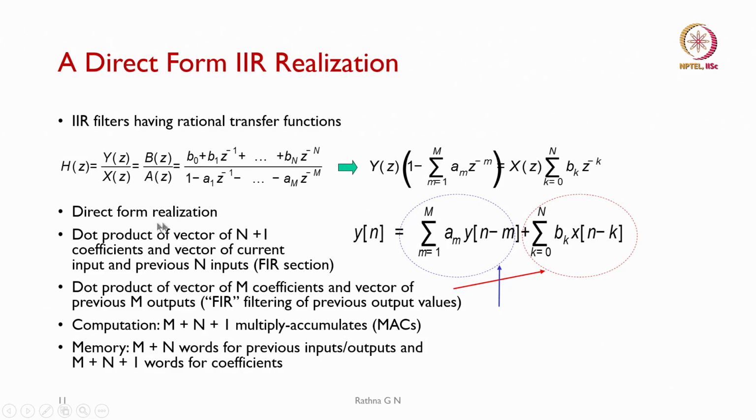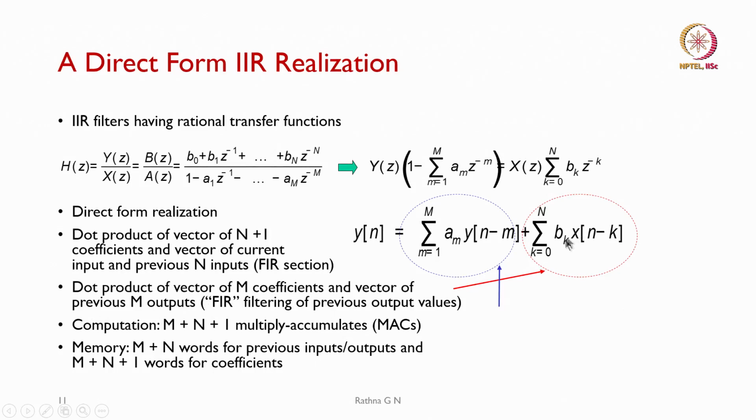We say direct form realization is the dot product of a vector of N plus 1 coefficients and a vector of the current input and previous inputs, what we call the FIR section for our zeros, and the dot product of a vector of M coefficients and a vector of the previous M outputs. That is FIR filtering of previous output values.